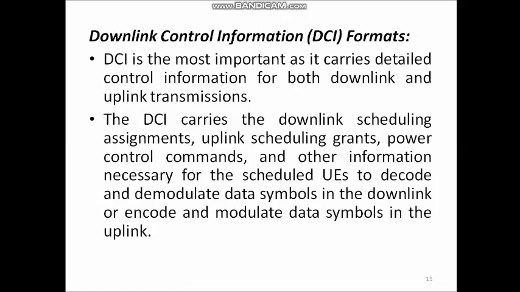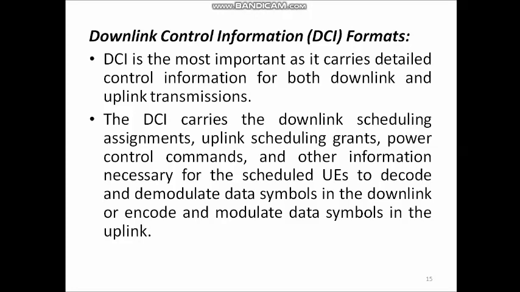Okay, next is about downlink control information DCI formats. DCI is the most important as it carries detailed control information for both downlink and uplink transmission. So, out of the three control information, DCI is most important because it carries both downlink and uplink transmission information.